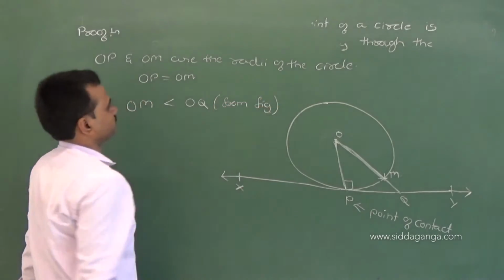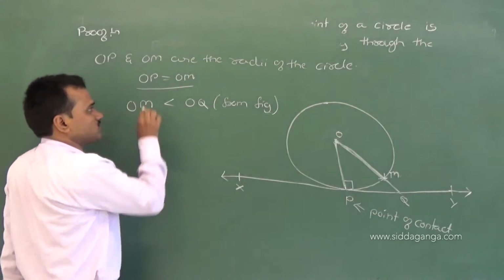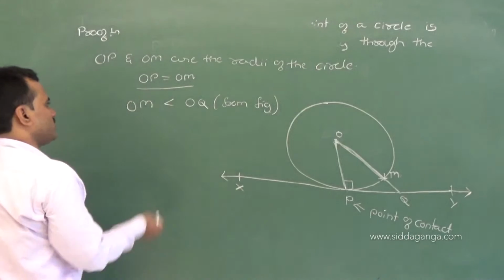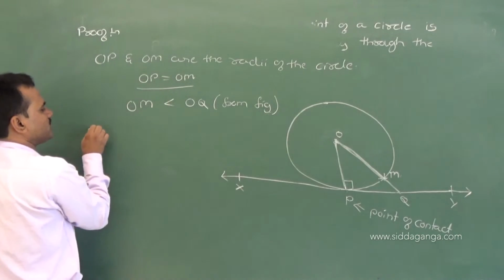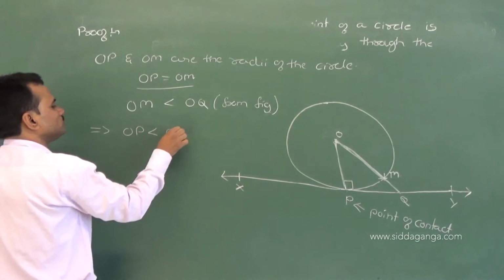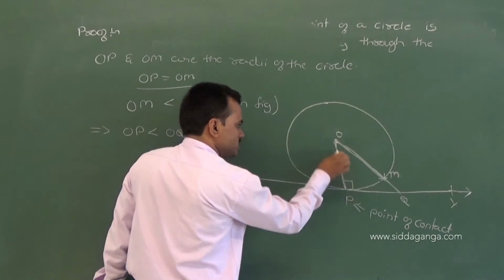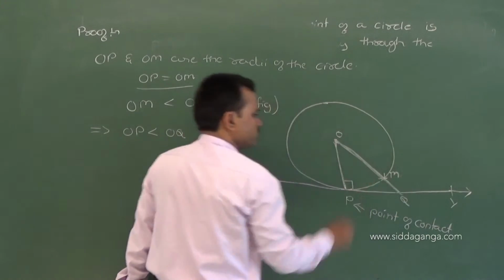This is the next step. Since OP is equal to OM, instead of OM, I write OP. That implies OP is less than OQ.